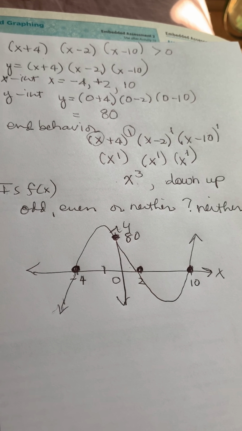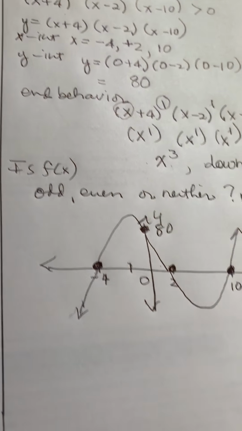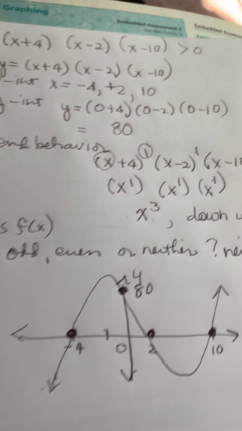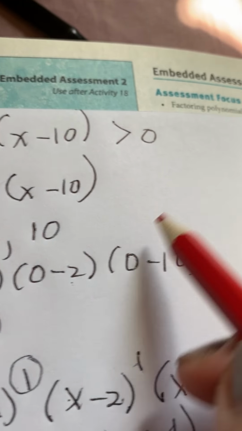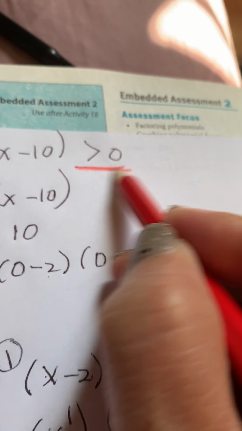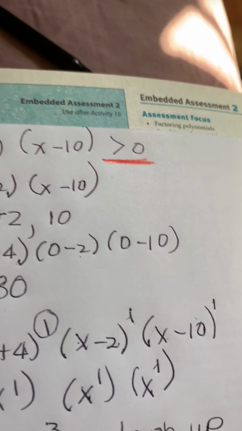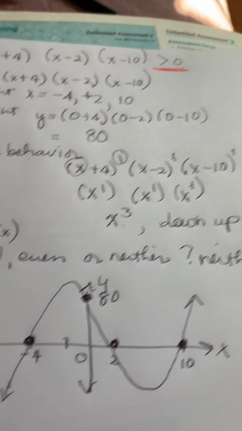Now let's answer the question. So this is greater than 0. When it's greater than 0, your y should be positive. So we will look for the portion of the graph where y is positive, which is the portion of the graph above the x-axis.